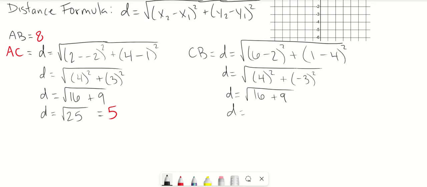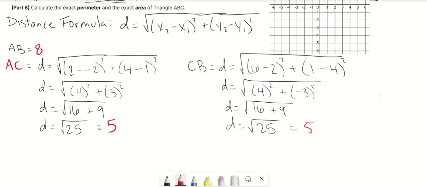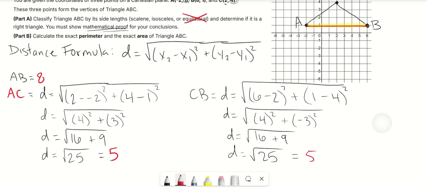And just like with the previous side, 16 plus 9 is 25, and that gives me a distance of 5. So I know that I have two side lengths that are each 5 units. That's going to make this an isosceles triangle, two congruent sides.